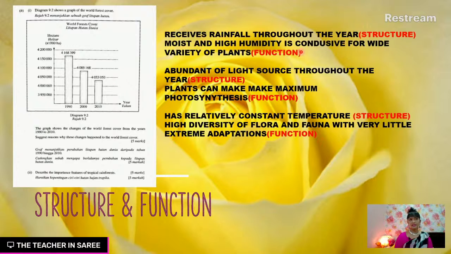When the temperature is pretty much constant, this can house a high diversity of flora and fauna with very little extreme adaptation. Sometimes when animals and plants live in very extreme conditions, they have to undergo very extreme adaptation in order to survive. But that is not applicable here because we have a relatively constant, beautiful, warm temperature. That is why a lot of things can live here.